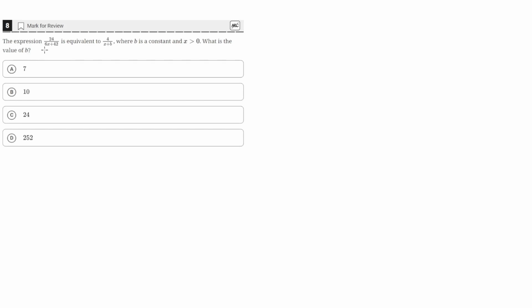The expression 24 over 6x plus 42 is equal to 4 over x plus b, where b is a constant. What is the value of b? So to simplify from this to this, we can just cancel out some common coefficients and then see what the value of b is. We have 24 over 6x plus 42.